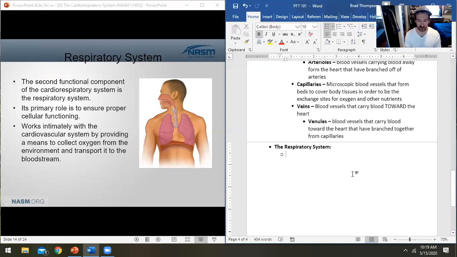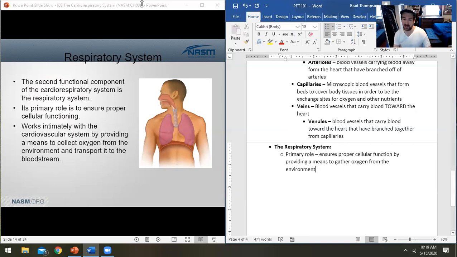So the primary role is to ensure proper cellular function by providing a means to gather oxygen from the environment.